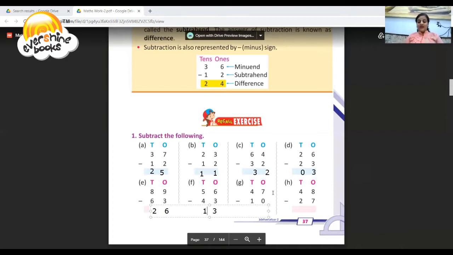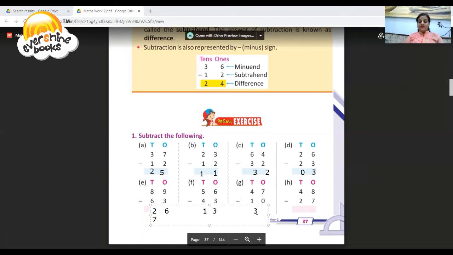Next, at ones place there is 7, and 7 minus 0 means nothing is less from 7. So the answer will come 7 itself. And 4 minus 1 is 3.